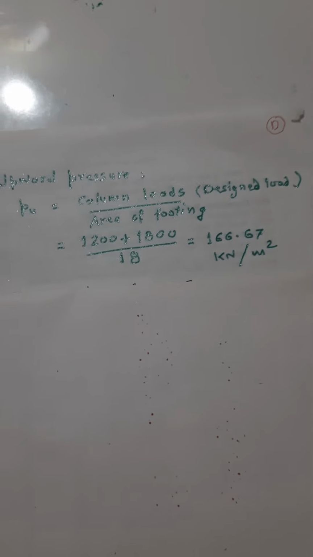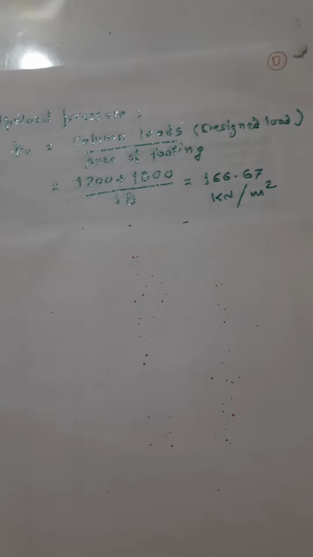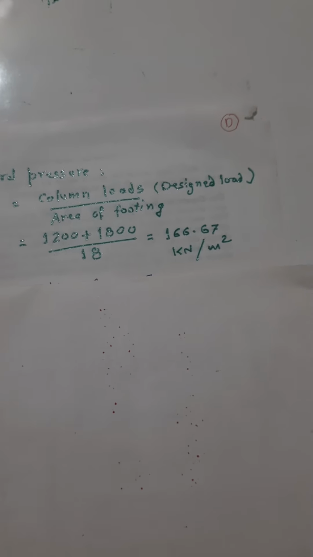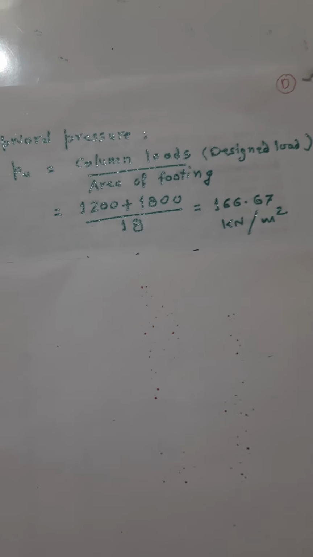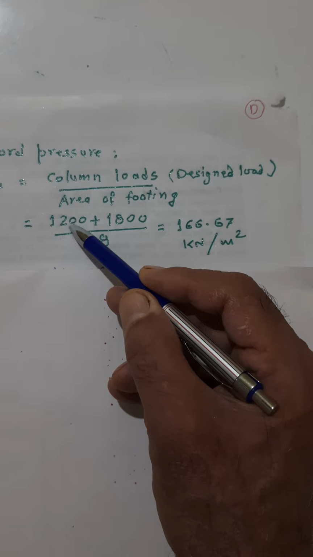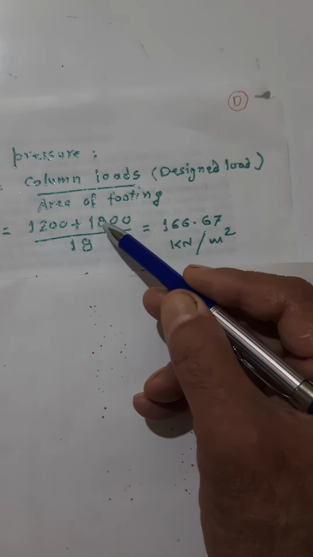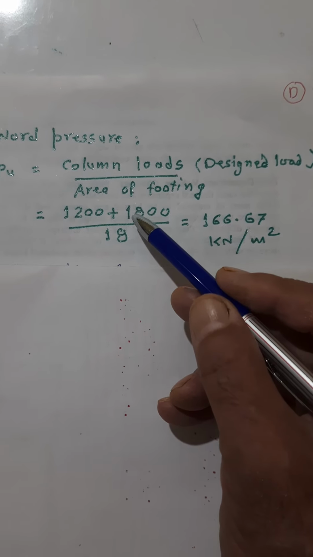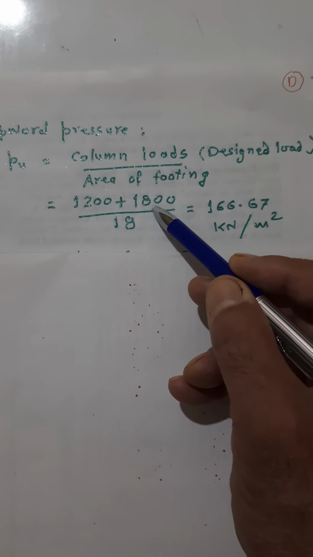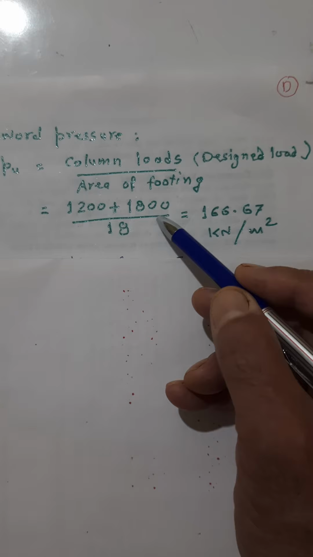Now here we start taking the design loads instead of the working load, which was already given as 800 and 1200. So here instead of 800, now we will go for 800 into 1.5, that is 1200, and 1200 into 1.5, that is 1800.